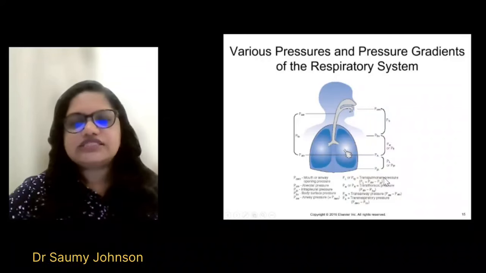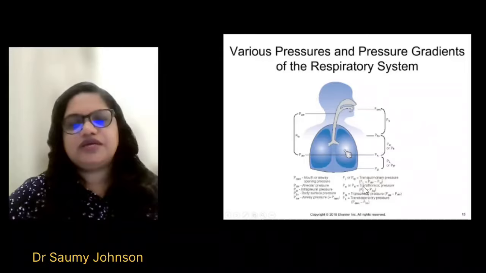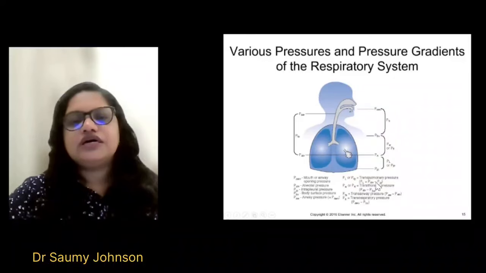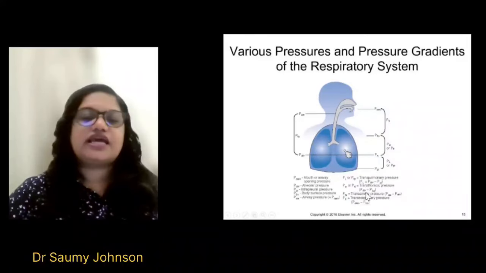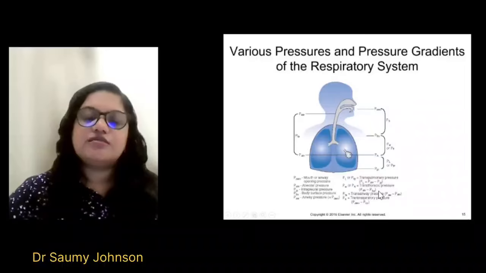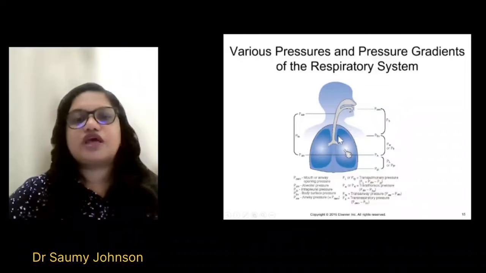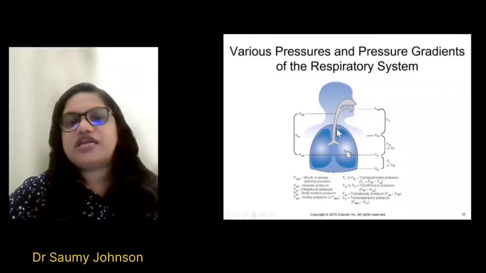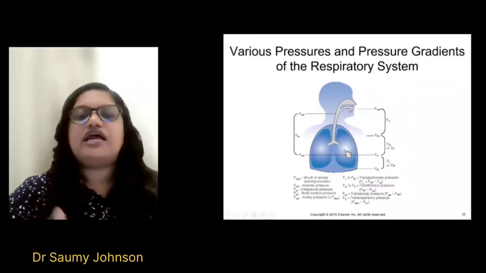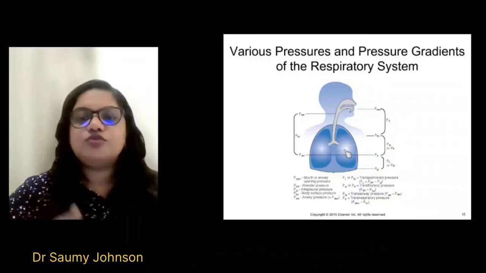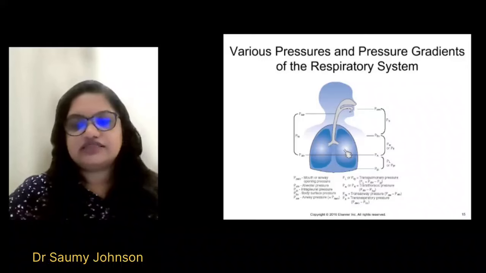So transpulmonary pressure, PL, is equal to P alveolar minus P pleural. And the transthoracic pressure is again P alveolar minus the body surface pressure. So that way we can explain how each pressure gradient helps our lung and the airways to move the gas in and out.